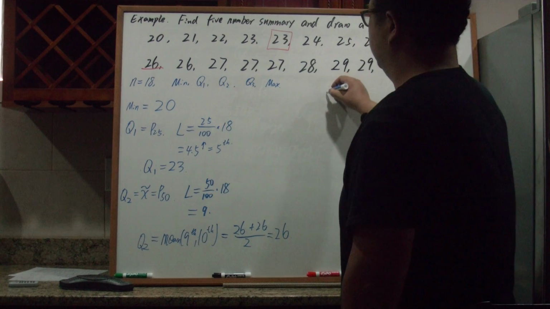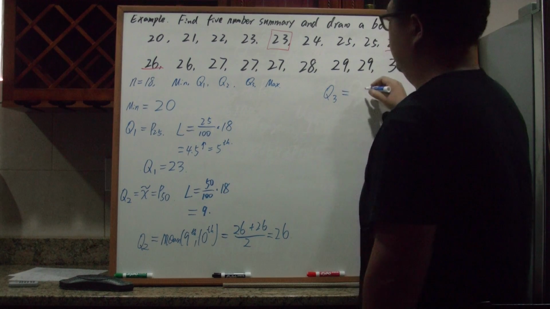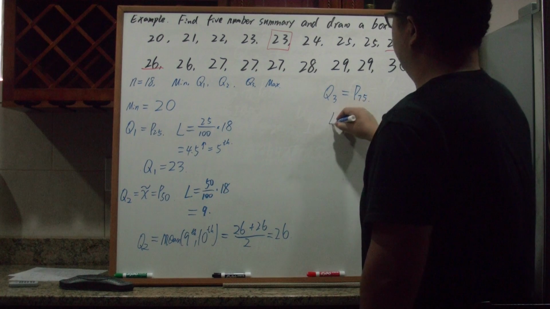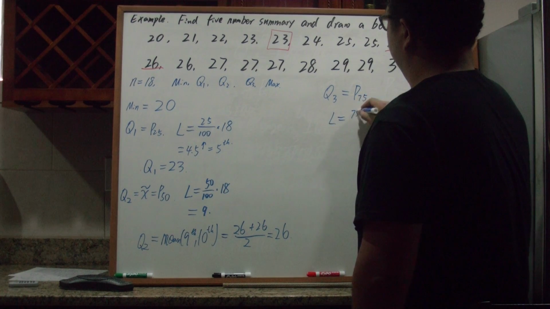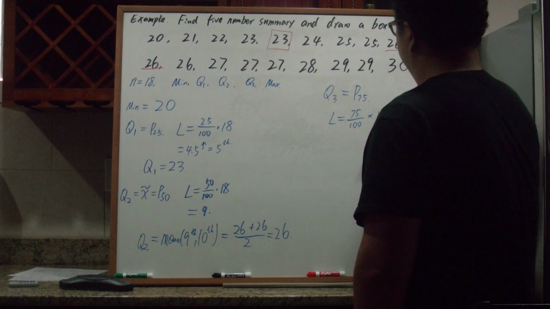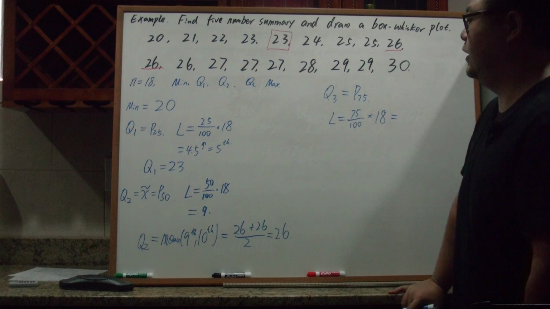And then the third quartile, in a similar way, is the 75th percentile. The locator is three quarters of 18.